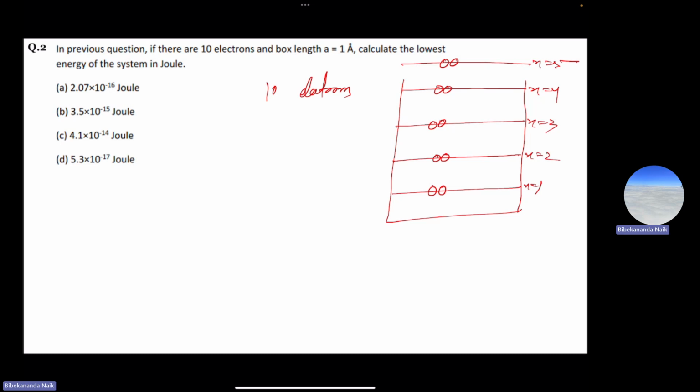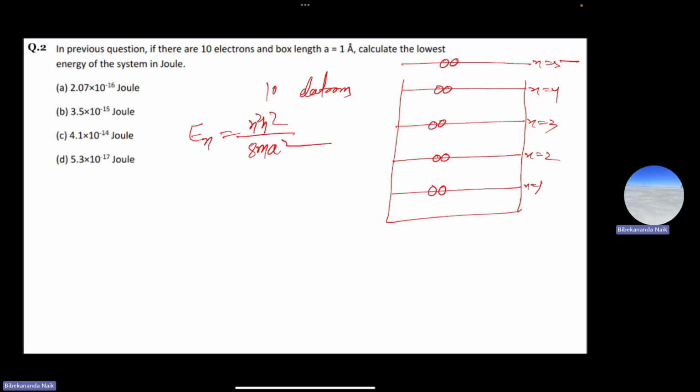So how will we calculate? We know the value of energy is given by n square h square by 8 m a square.